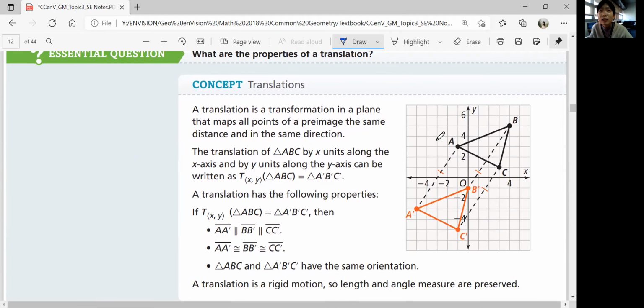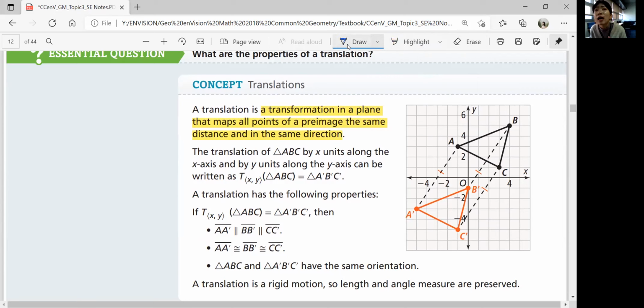A translation is a transformation in a plane that maps all points of a preimage the same distance and in the same direction. The translation of this triangle ABC by x units along the x-axis and by y units along the y-axis can be written as T, capital T, sub x comma y.